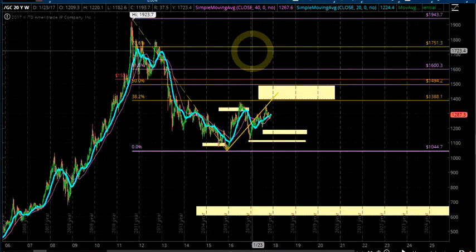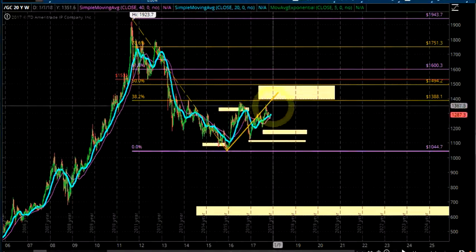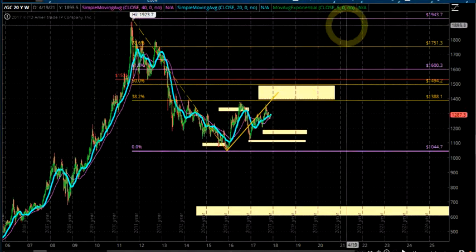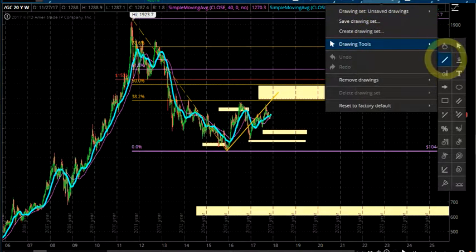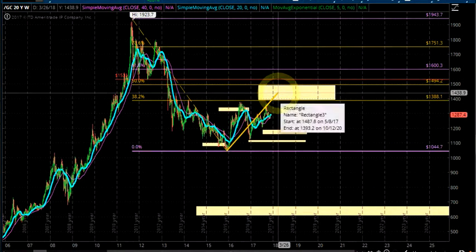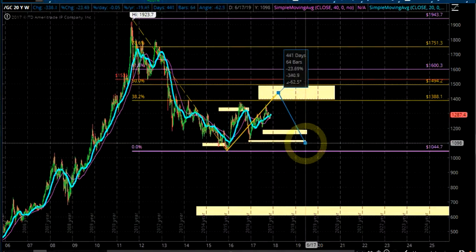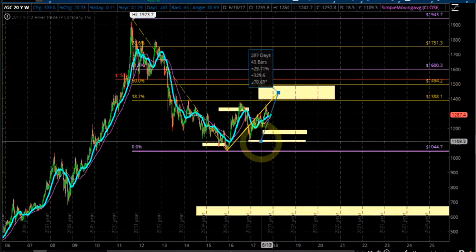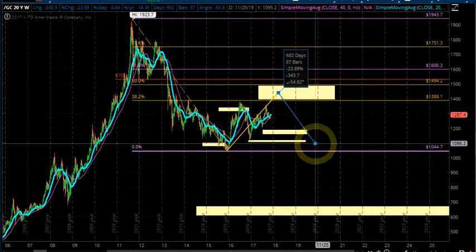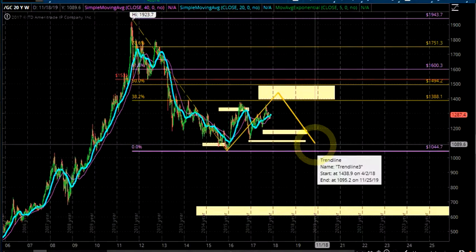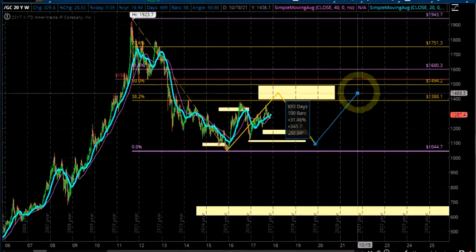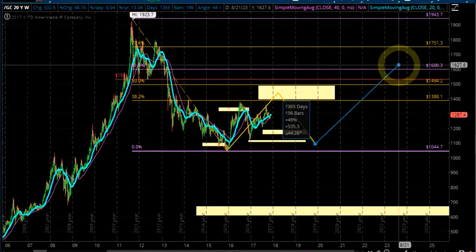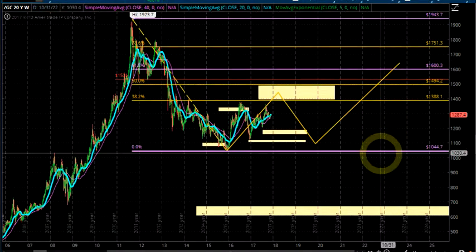The big picture is, so maybe we can draw it. Maybe that'll help you kind of see what I'm talking about. Let's just draw some lines on here. So you might see ABC up into here, and then ABC back down to here-ish, just below that pivot, and then a 5-wave move from here, maybe up into this area, something like that.